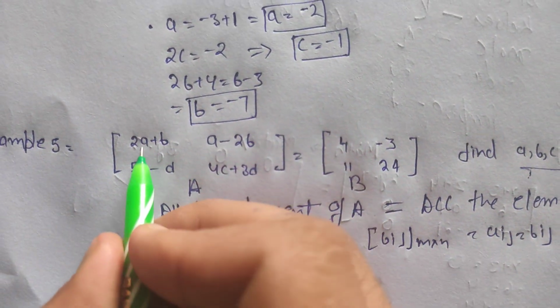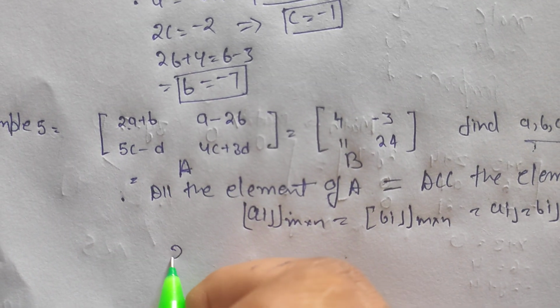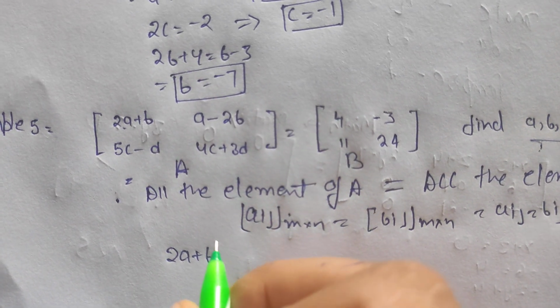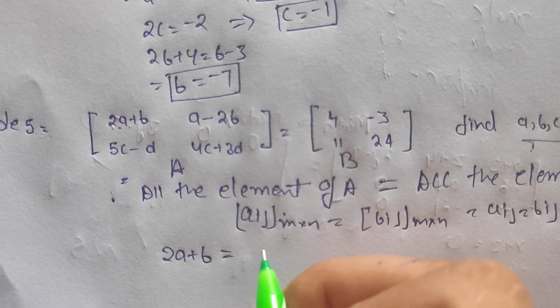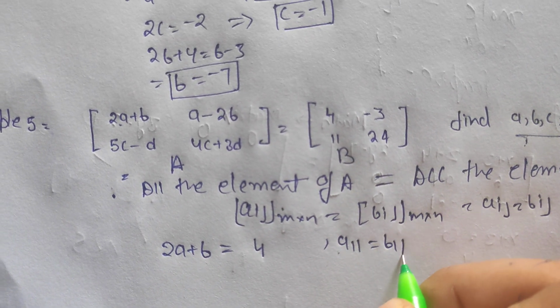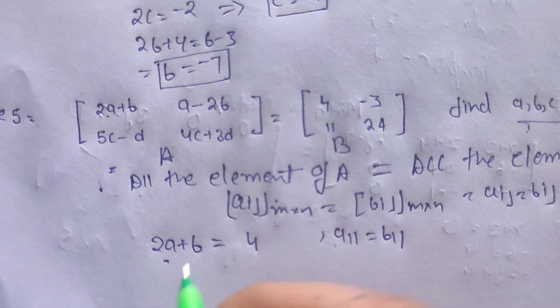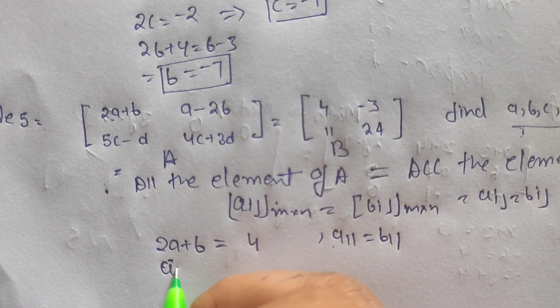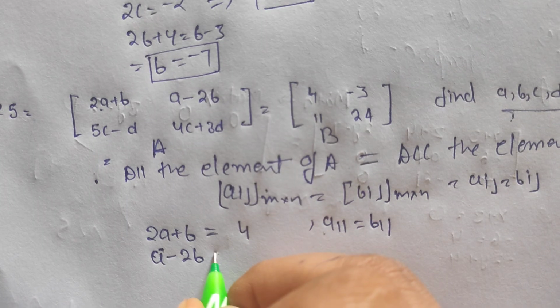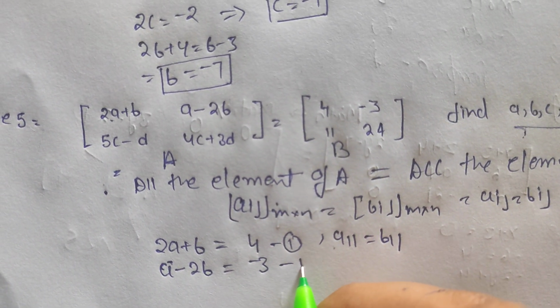Now a11 equal to b11, so this means 2a plus b is equal to 4.